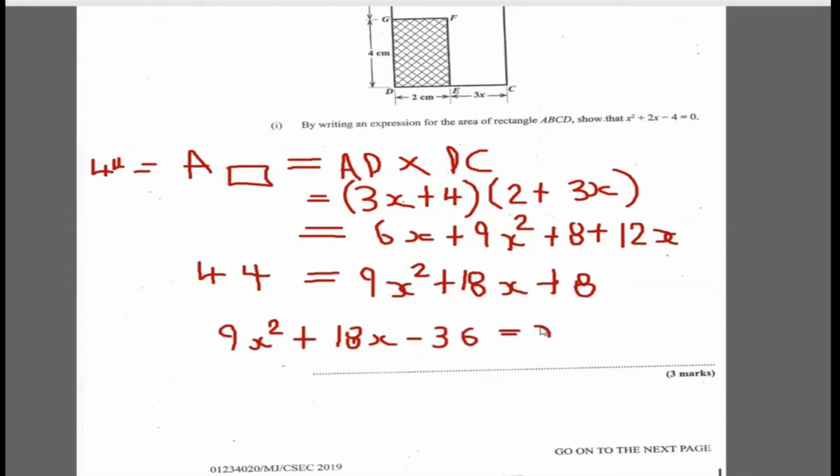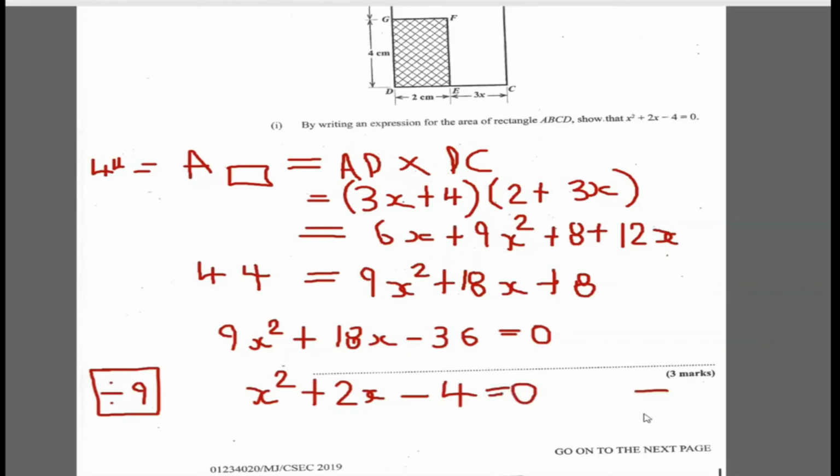Now when you get to this stage, notice that all of them have a common factor of 9. So we can divide through by 9 to get x squared plus 2x minus 4, because 18x divided by 9 is 2x and negative 36 divided by 9 is negative 4, and that is equal to 0.